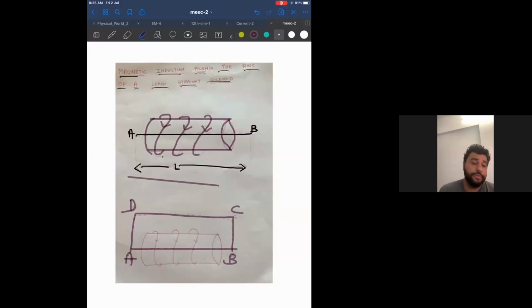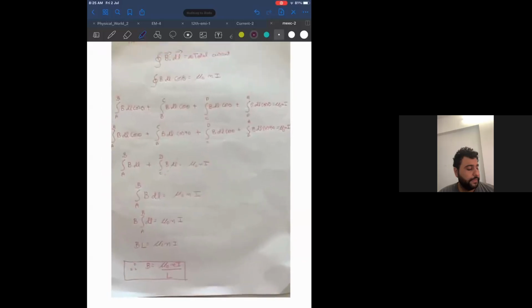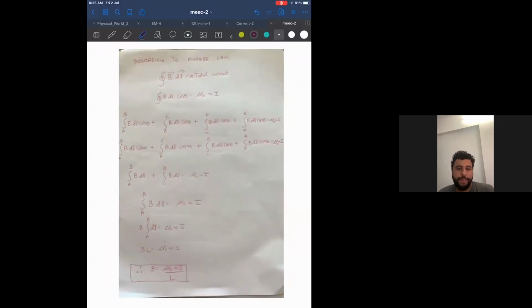Now I want all of you to concentrate very well because we are going to do the derivation. I'll do it on a blank page. I will start with the first part and then I will tell you to do the second part.